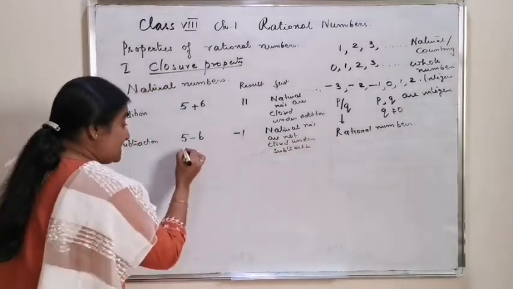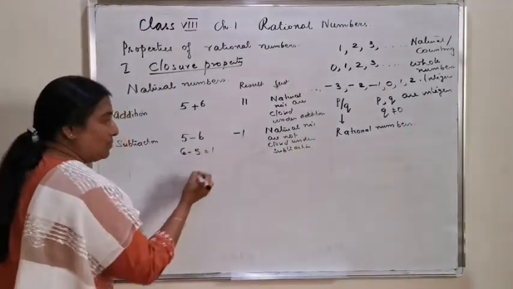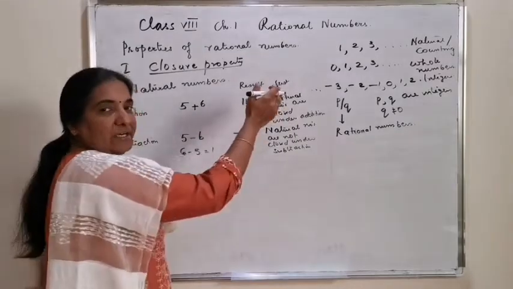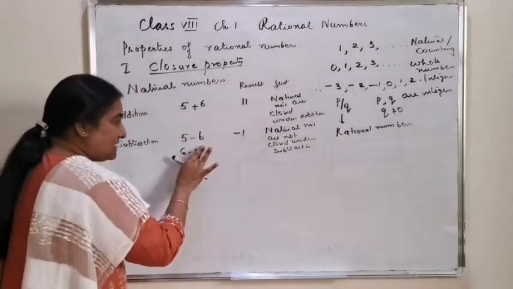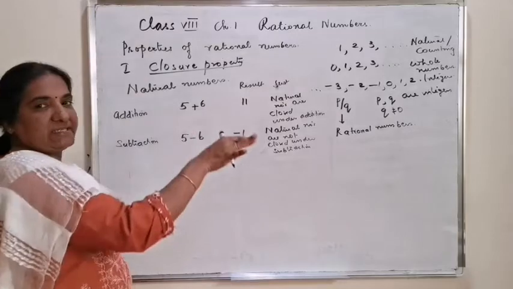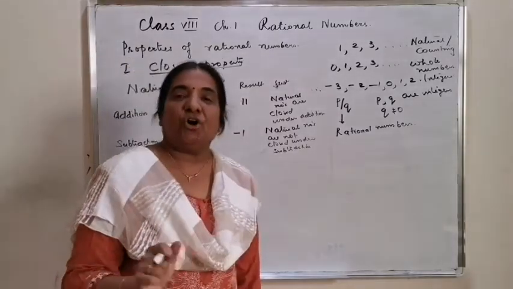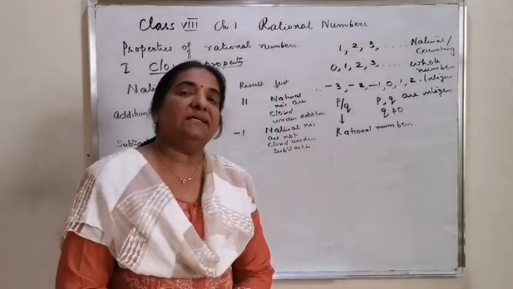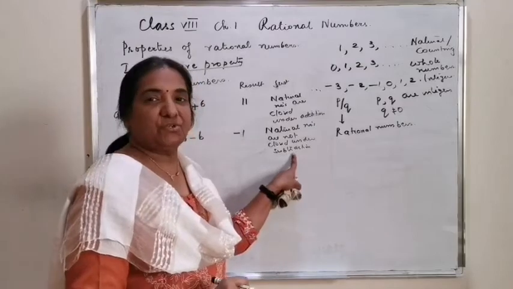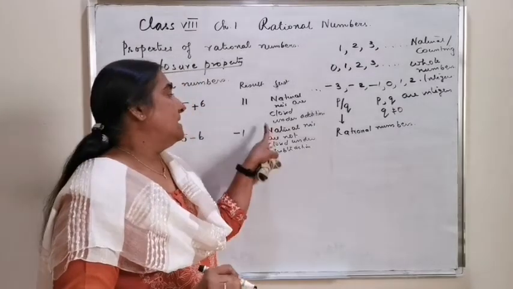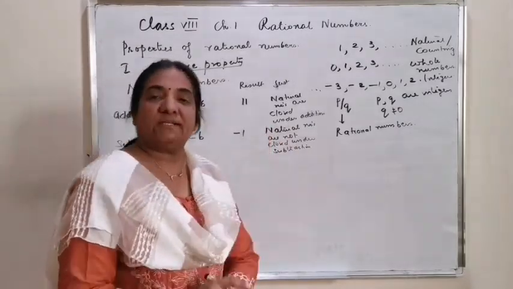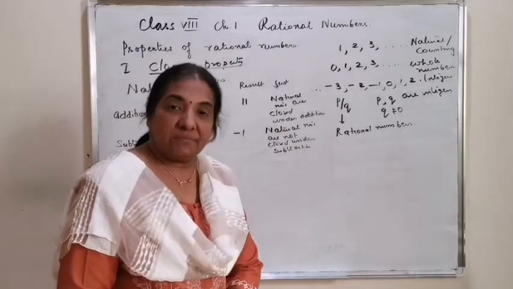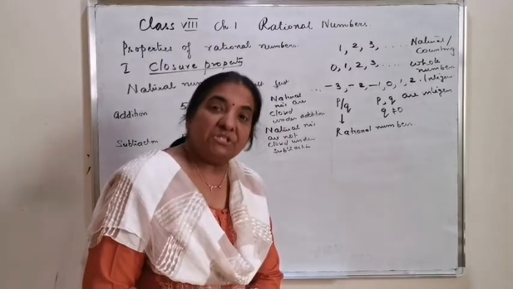Even if 6 minus 5 equal to 1 is a natural number, there are cases like 5 minus 6, and it is not always closed under subtraction. So we are generalizing it as natural numbers are not closed under subtraction. What about multiplication?